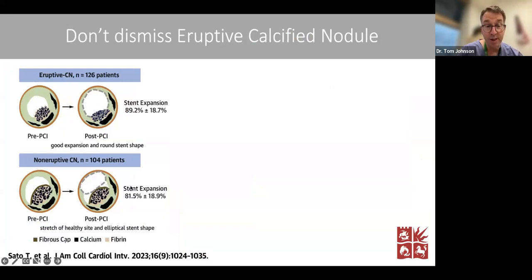And certainly that's what this series showed: comparing eruptive against non-eruptive, the stent expansion achieved in these protruding smooth nodules was less. So stent expansion in the series was around 80% with the non-eruptive and about 90% with the eruptive calcific nodule.